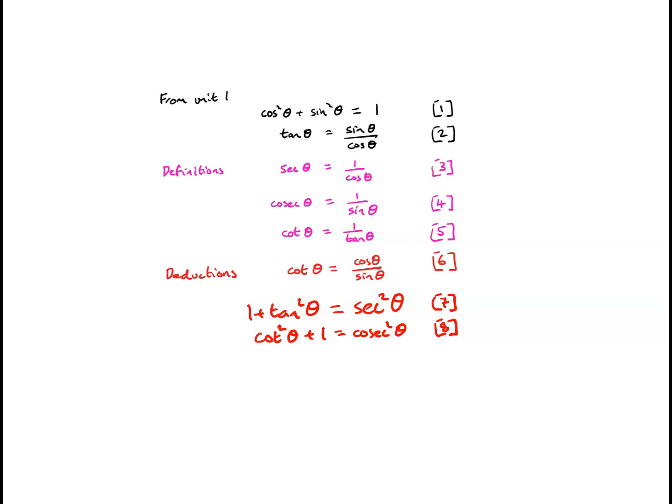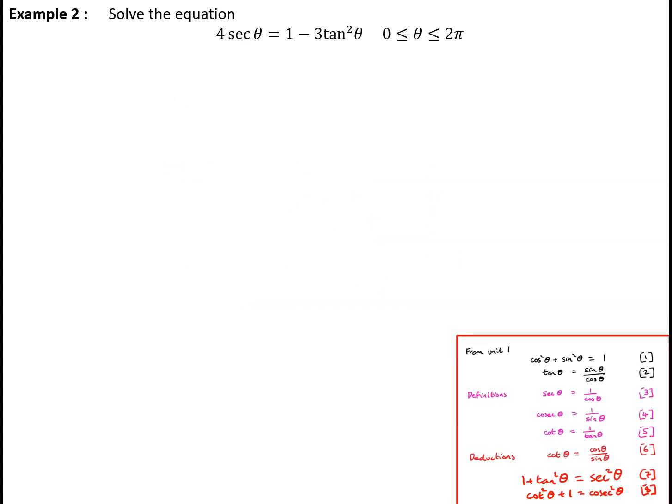So for example 2, we've got to solve the equation 4 sec theta equals 1 minus 3 tan squared theta for values of theta that lie between 0 and 2 pi, which means that we must be working in radians.